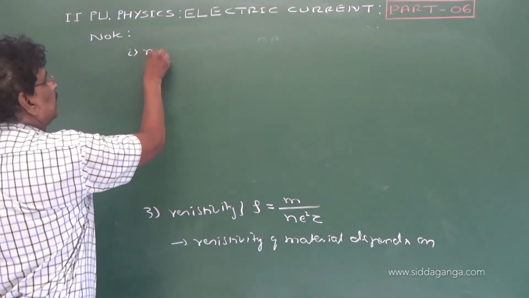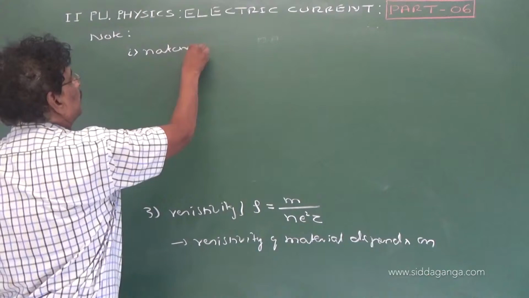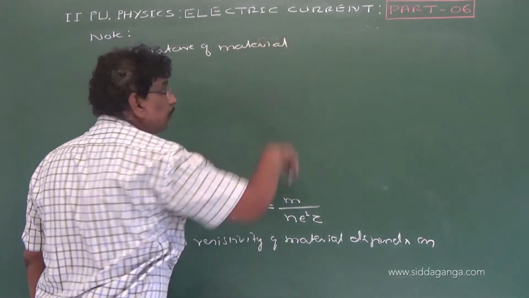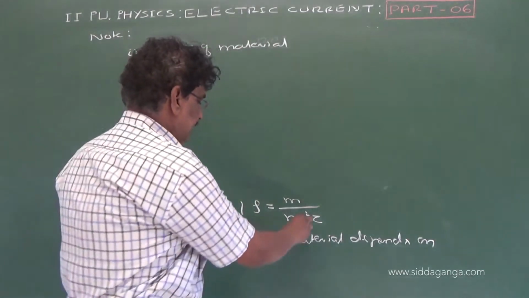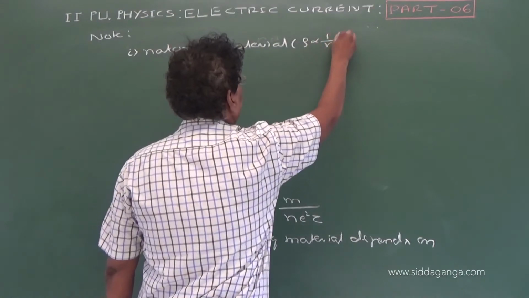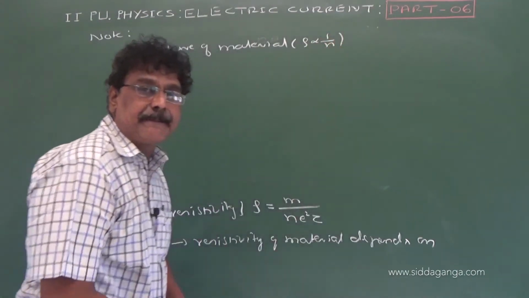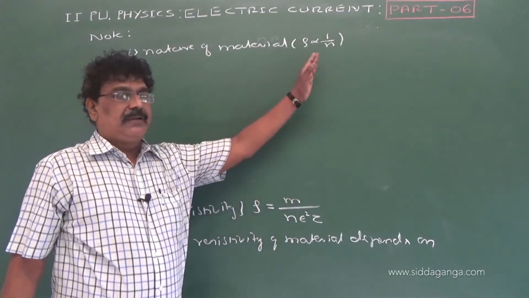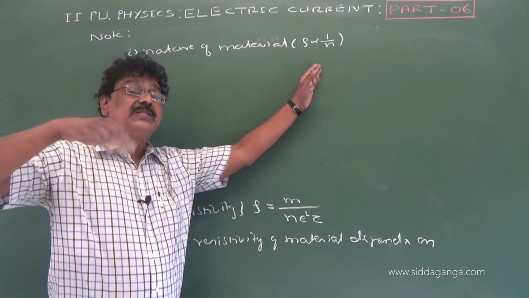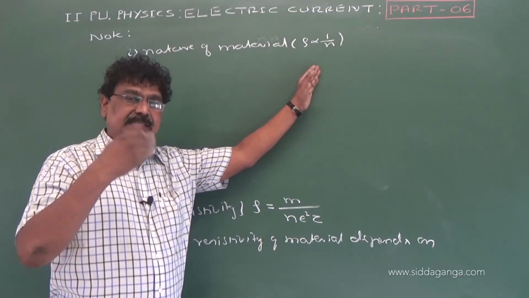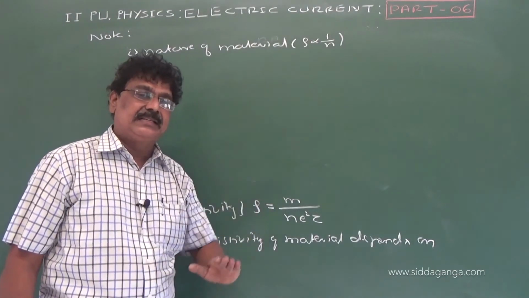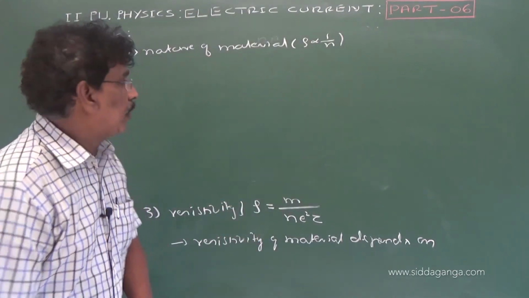Number one, the nature of the material, that is ρ is inversely proportional to n. Now if the free electron density of a material is more, then its resistivity is less. If the free electron density is less, then the resistivity is more.